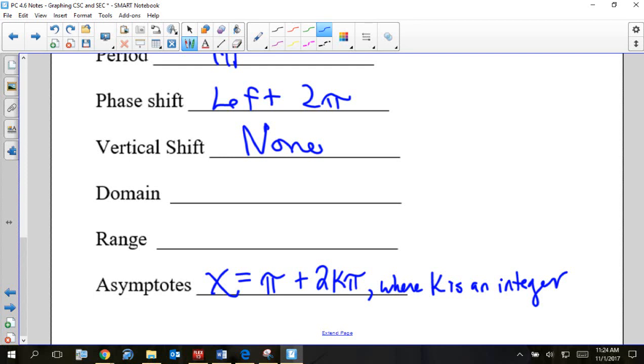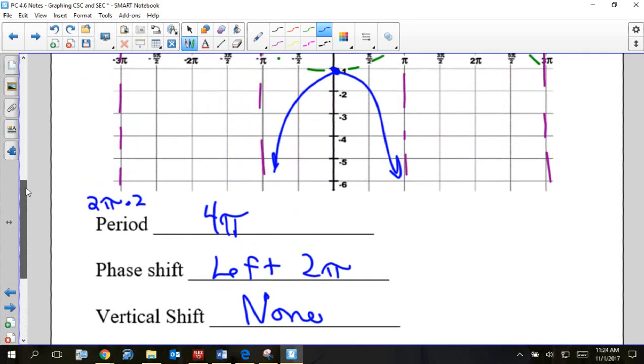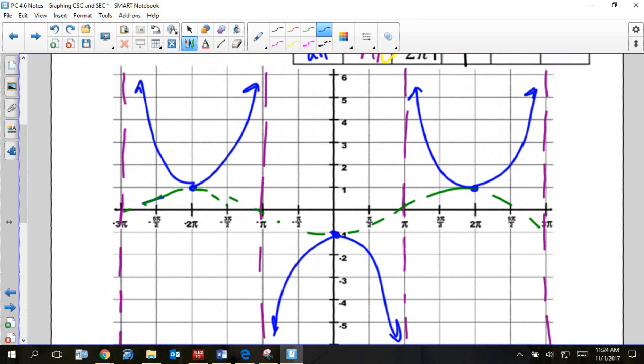From pi to, yeah. Okay, the domain is left to right. Is it all real numbers left to right? No, because what happens when you get to an asymptote? Undefined. There is nothing in the domain. There's no x's there. So you have to describe that this is going all the way from negative infinity all the way to positive infinity, but skipping over every single asymptote.